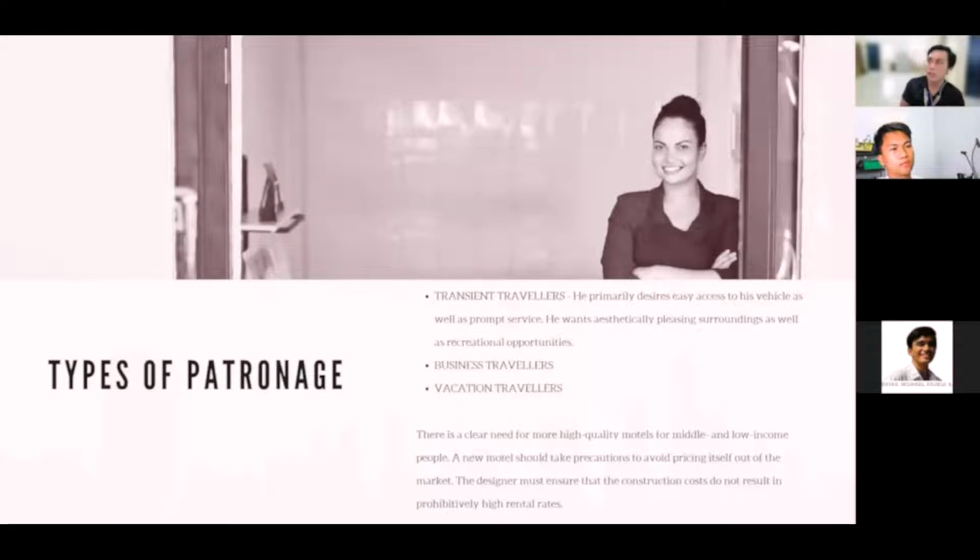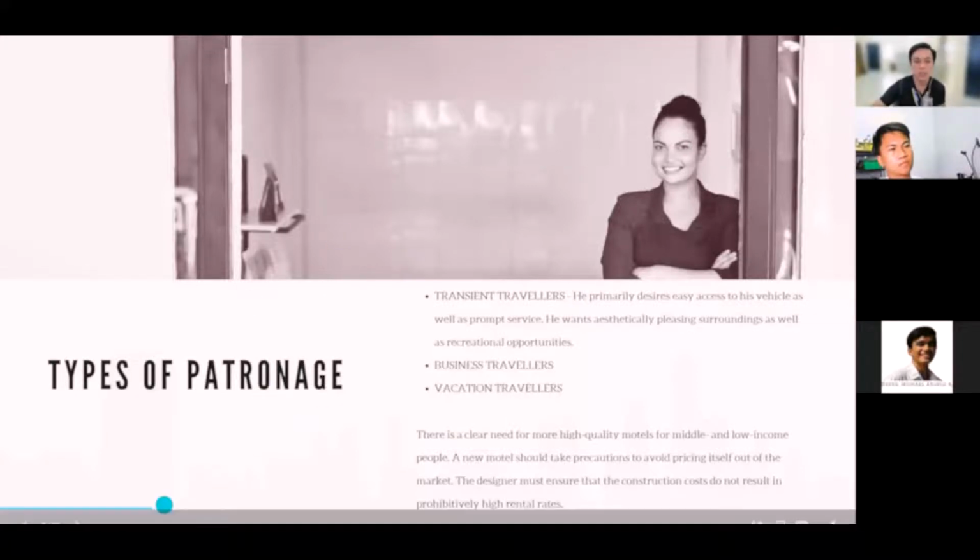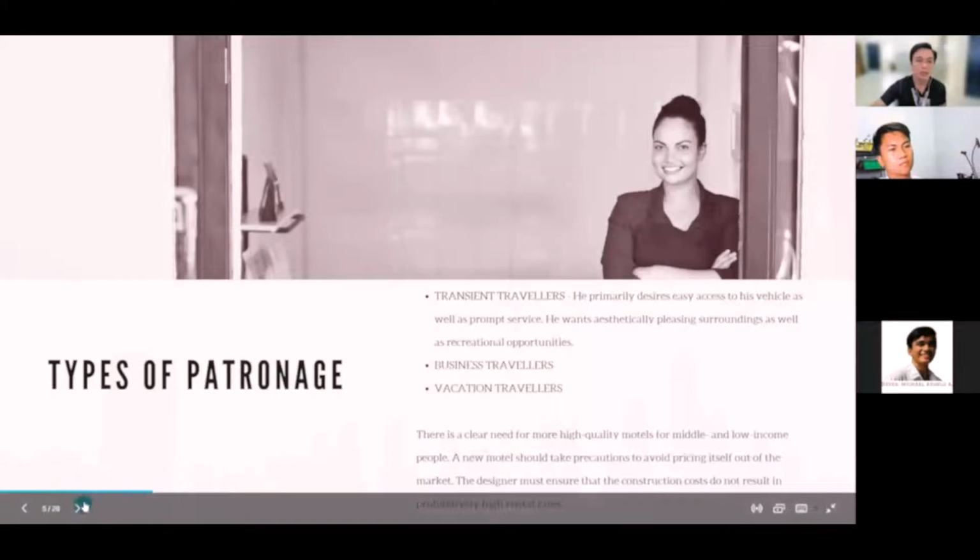As a designer, you have to consider carefully how you will lay out or plan the site so that your construction cost would not be prohibitively high, so that the owner can provide lower rental rates. Kasi kung mas mataas yung rental rates, the ROI, or return of investment, of the businessman or owner would take much longer.